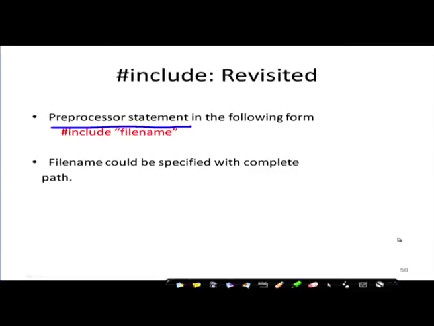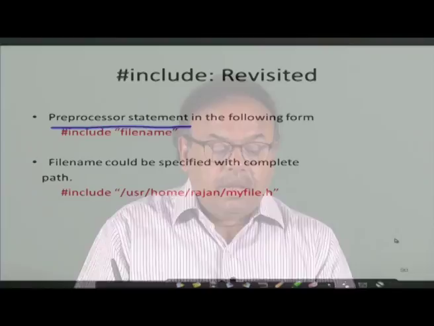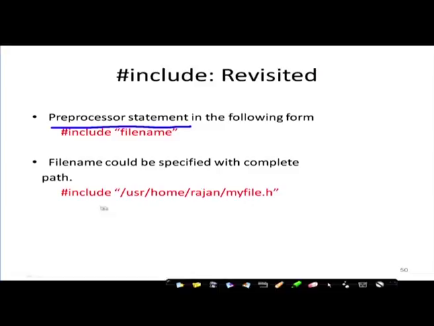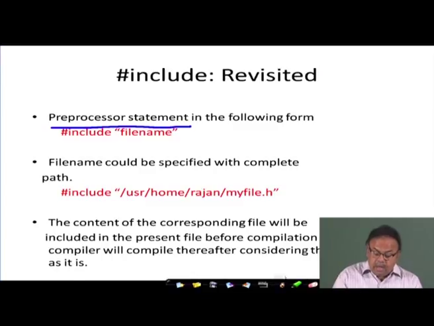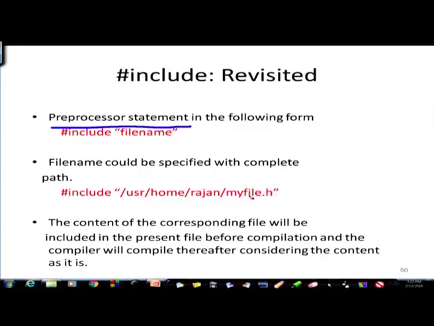We have seen hash include stdio.h, but it can be for that matter any file name. For example, I can specify the full path, say in a Linux environment /usr/home/rajan/myfile.h. I want to include this file in my program.